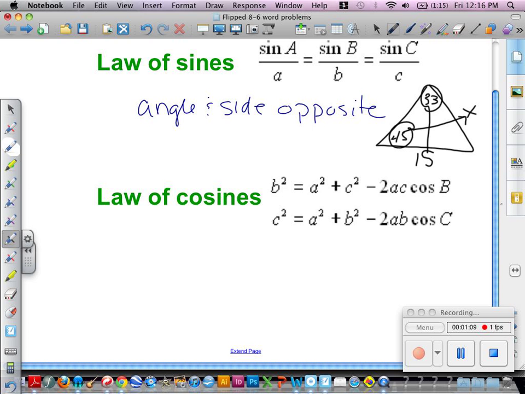Law of cosines, I have two of them written there. You need to know the patterning on that. You won't be given that. In the law of cosines, pause the video and write down when you use the law of cosines.